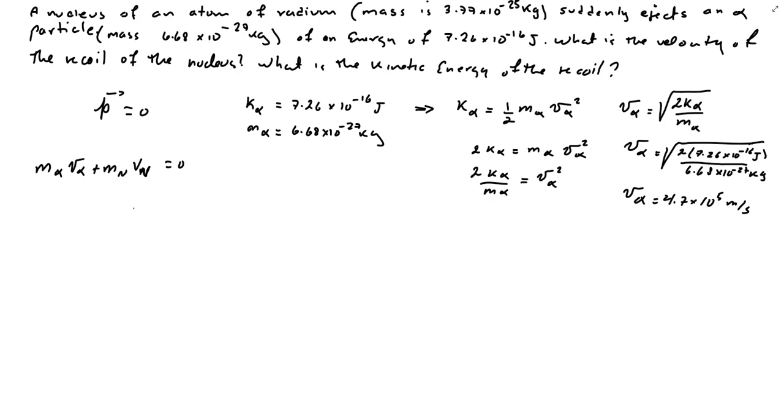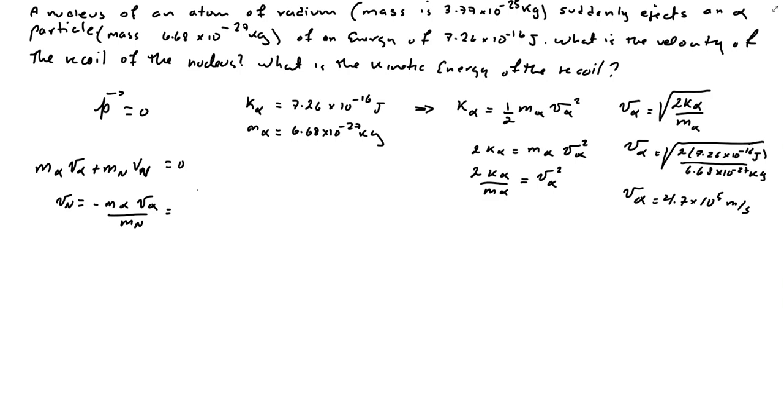So we are ready now to calculate the velocity of the nucleus based on this expression, because we know that the total linear momentum of the system will be zero. So the velocity of the nucleus would be negative the mass of the alpha particle times the velocity of the alpha particle over the mass of the nucleus.